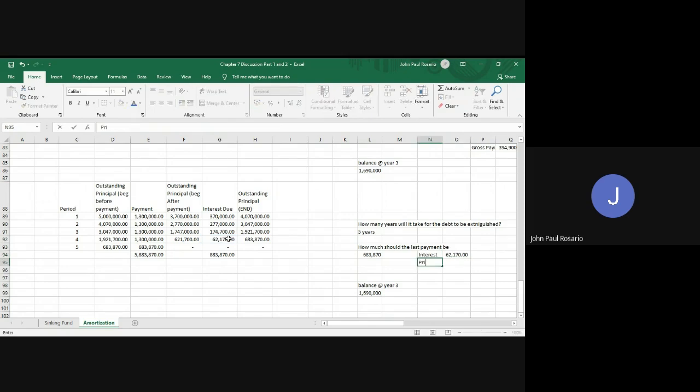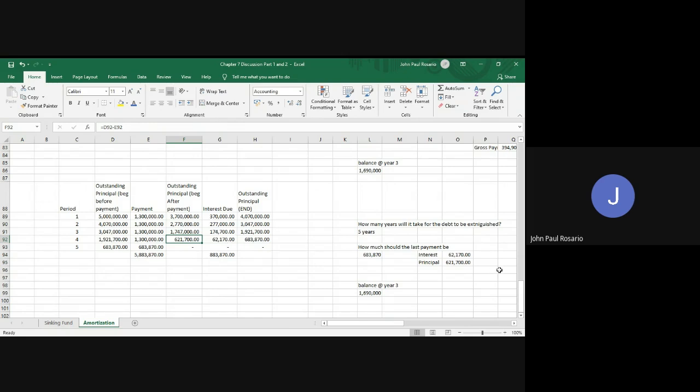So, what is applied to principal is the net. This will be the unpaid principal and the unpaid interest balances.